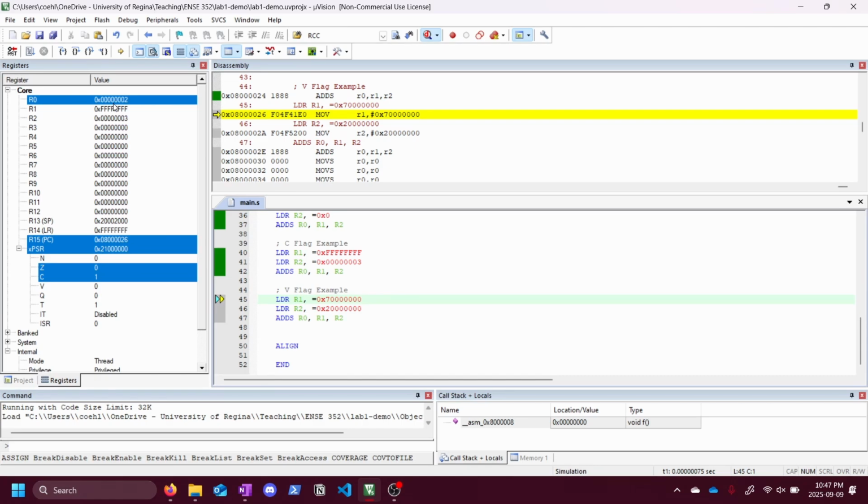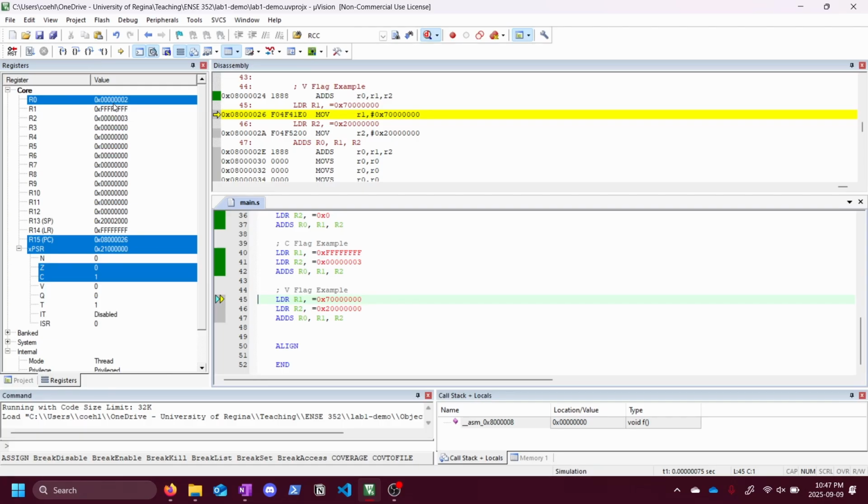The V flag is the signed carry bit. So again, when we're dealing in registers here, there's no concept of signed or unsigned numbers. But if we were to program in such a way that we were treating certain registers as signed, this is where the V flag would become important.